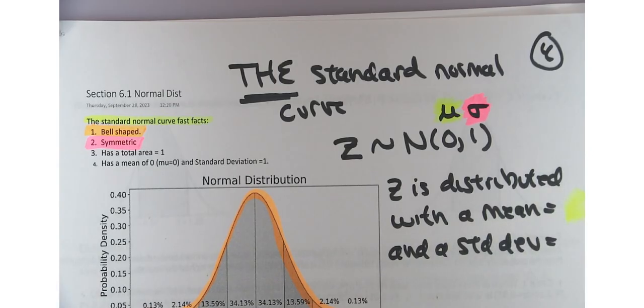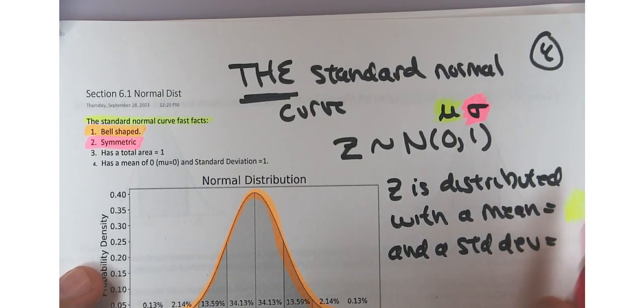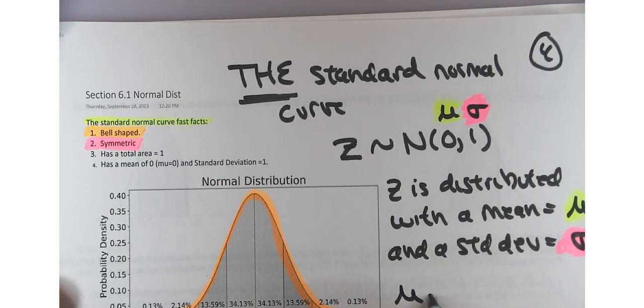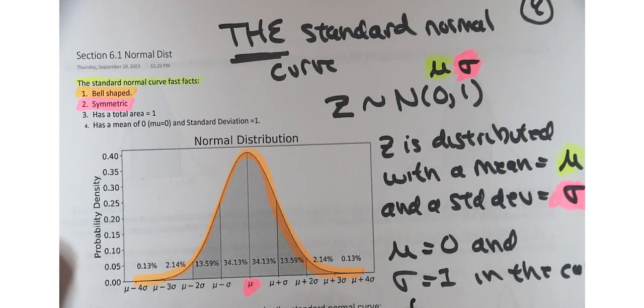So in the case of the standard normal curve, those values are 0 and 1 respectively. Mu equals 0 and sigma equals 1 in the case of the standard normal curve.